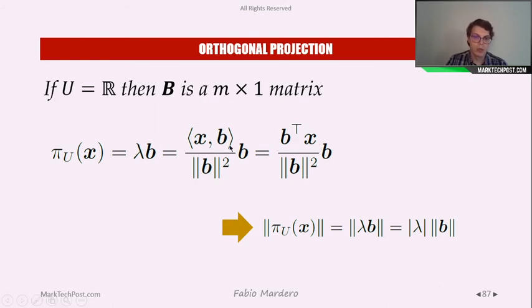We express the inner product as the dot product, and finally we get that the norm, the length of the projected vector, is equal to the absolute value of lambda times the norm of the basis.